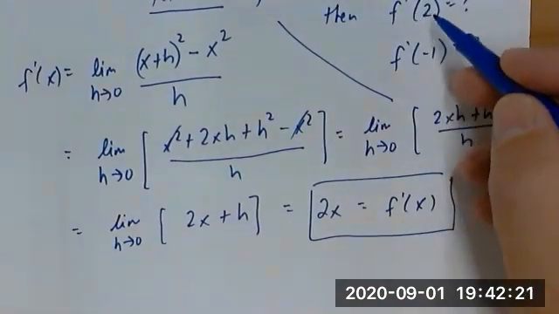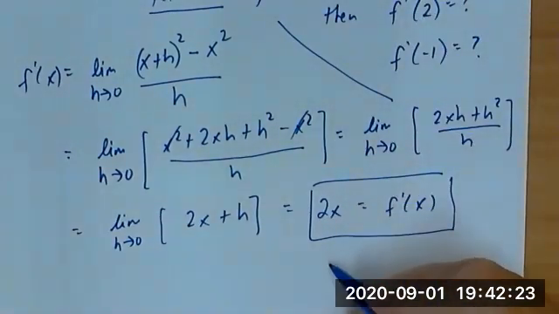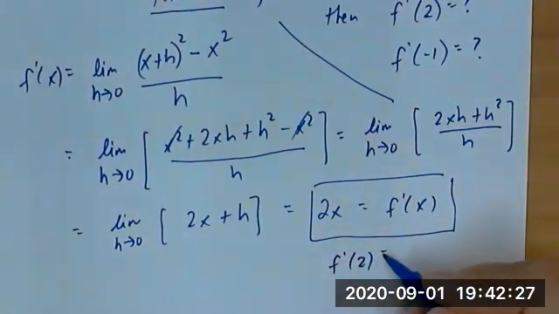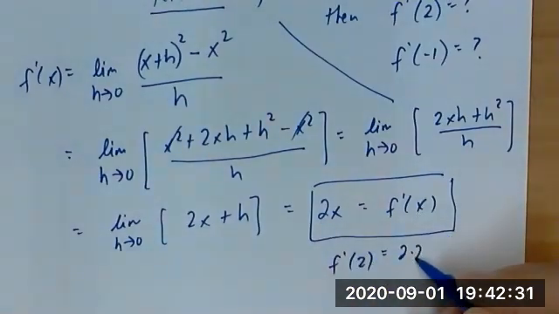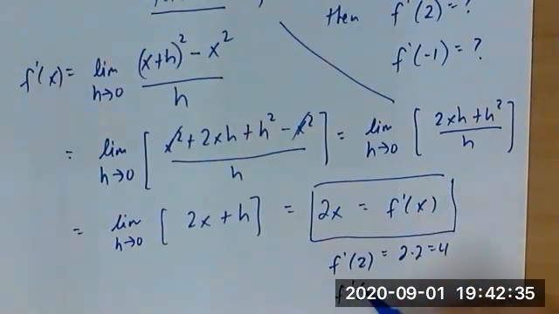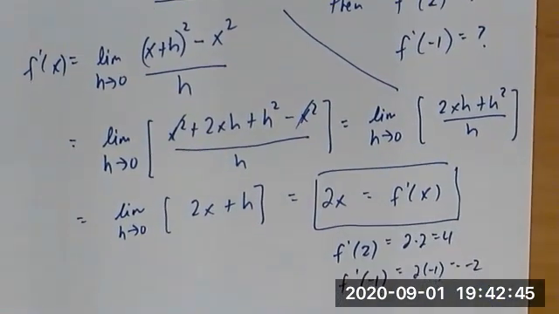Now just for fun, once you find the derivative, they say, how about what's the derivative going to be when x is 2? So for the derivative, you plug in 2 for x, 2 times 2, it's 4. How about when x is minus 1? What's the derivative? Plug in minus 1 for x, negative 2.